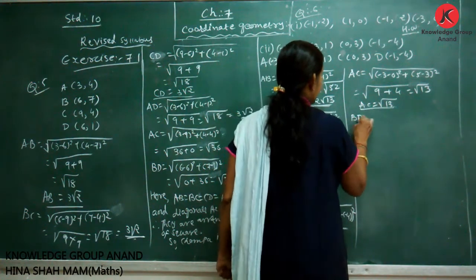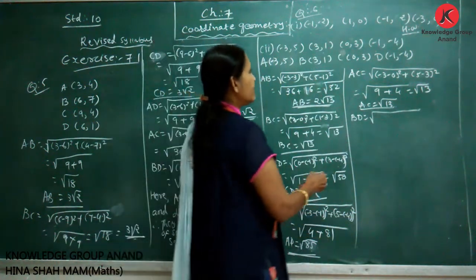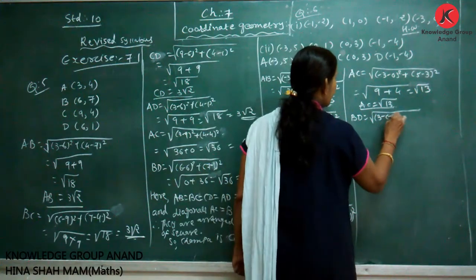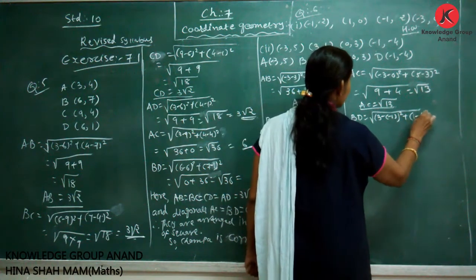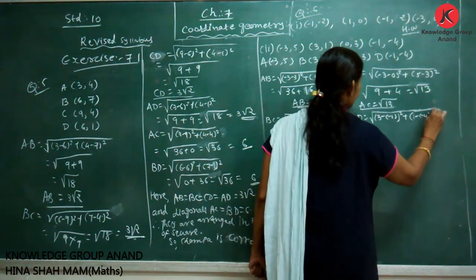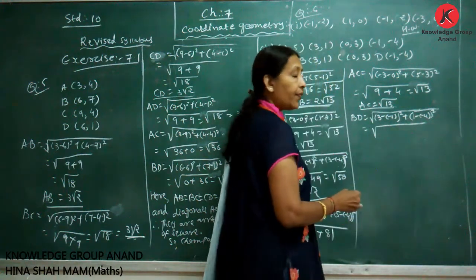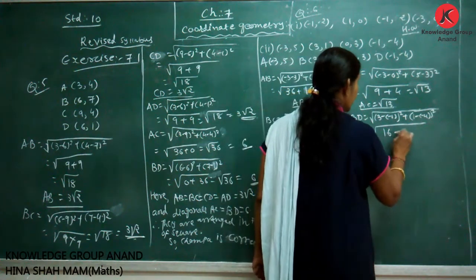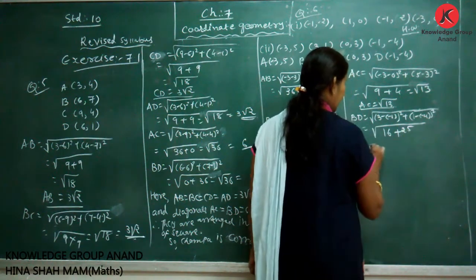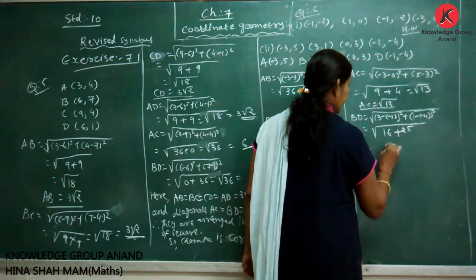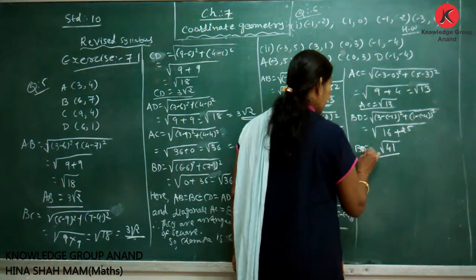And BD: (3 plus 1) square, 4 square is 16, plus (1 plus 4) square, 5 square is 25, equals 41. BD is equal to root 41.